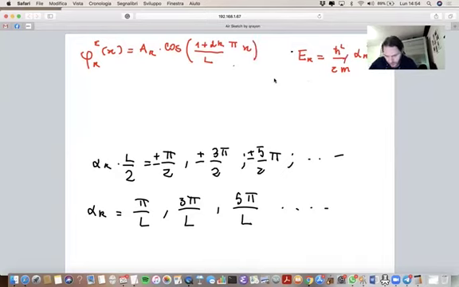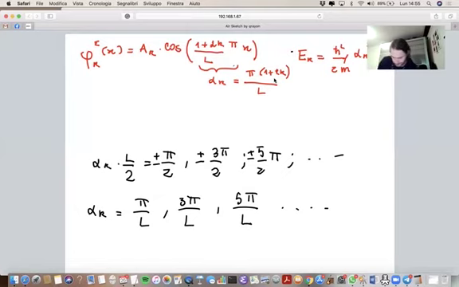Yes, it looks correct because when k is equal to 0, this is my alpha k, equal to pi times 1 plus 2k divided by L, and then the corresponding energy was given by h bar squared divided by 2m, that's alpha k squared.